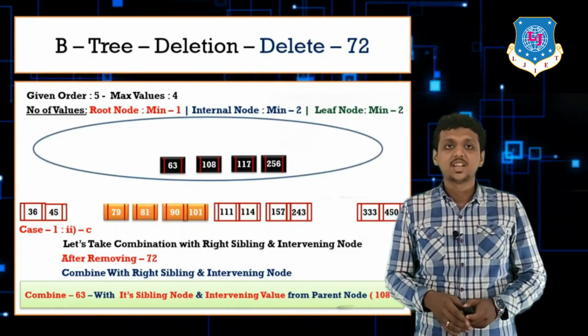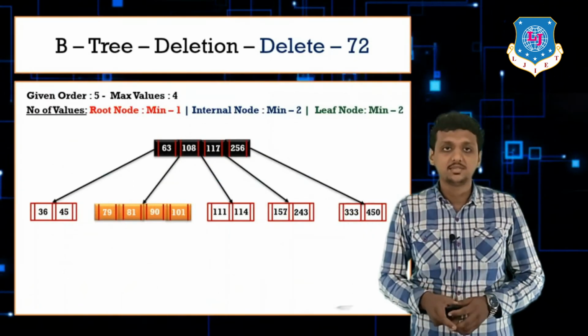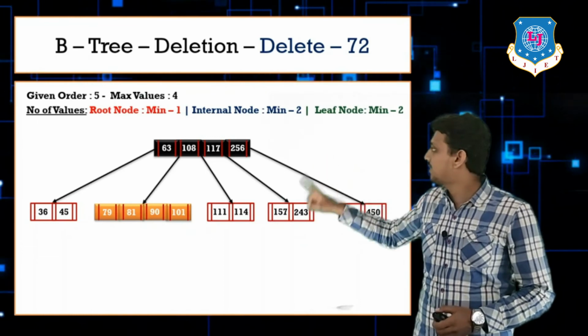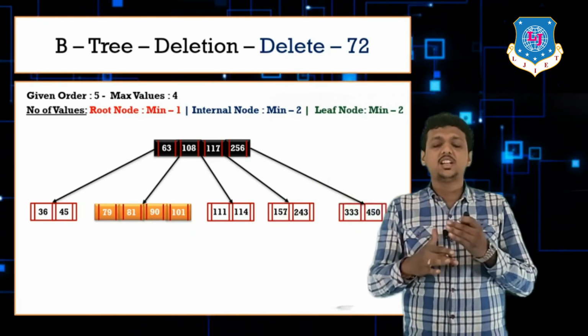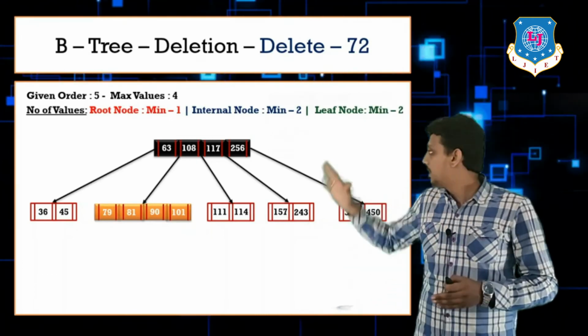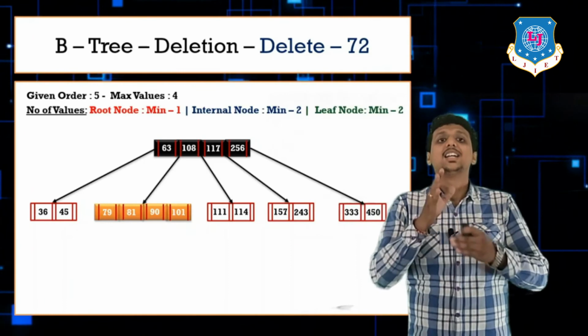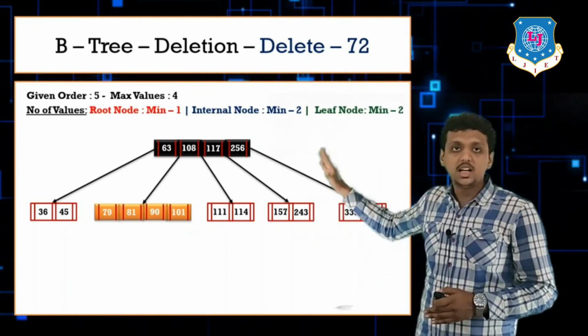Here it is. These four values combined together, and this becomes my final answer, where 36 and 45 are on the left side of 63, 100, and the values which are greater than 63 and less than 100 must be in between them. The values which are greater than 100 and less than 117, like 114 and 111, are in between them.